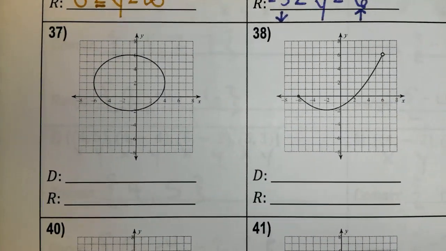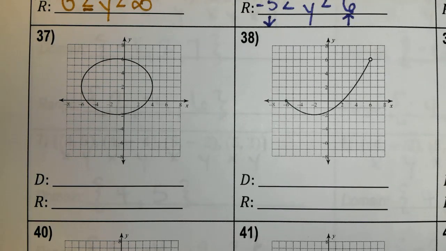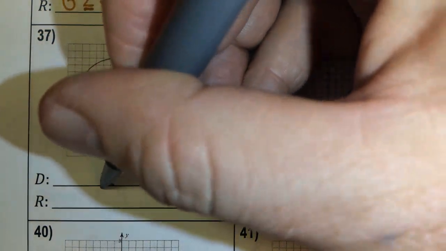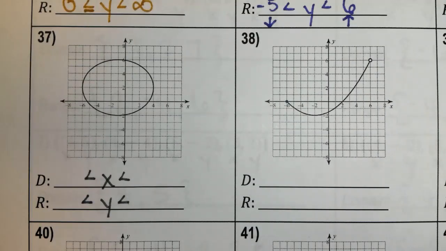This one's interesting, just because it's a full shape. It's a circle. But with a circle or any other shape, I'm going to have a left, a right, a top, and a bottom. Okay, so I have x and y, just like that. And I go left to right.